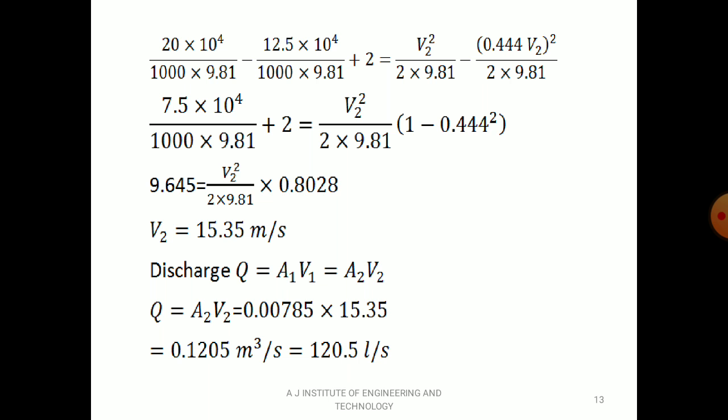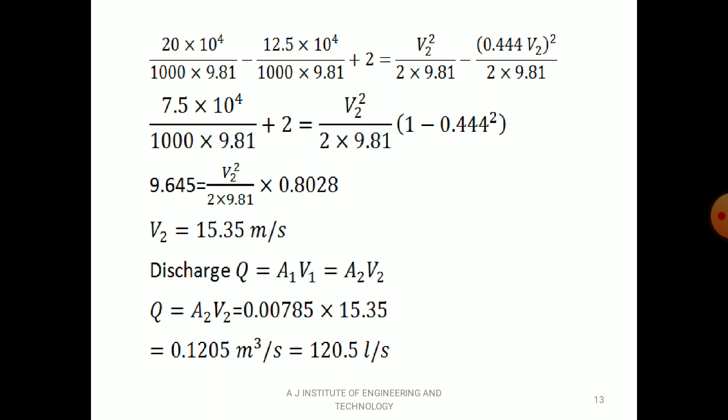That is equal to V2 square divided by 2 into 9.81, times 1 minus 0.444 square, that is 0.8028. So V2 equal to, just cross multiply and take the square root, 9.645 into 2 into 9.81 divided by 0.8028, square root. So V2 is 15.35 meter per second.